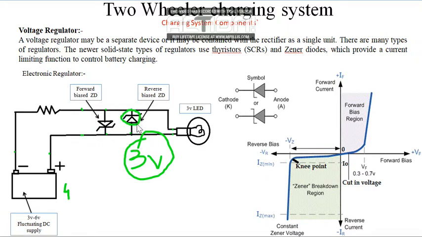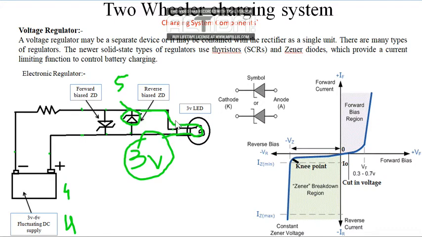If I'm using a somewhat higher Zener voltage, for instance 5 volt instead of 3, then for the 4 volt supply it remains non-conducting, so 5 volt gets applied through the LED and the LED gets burst.